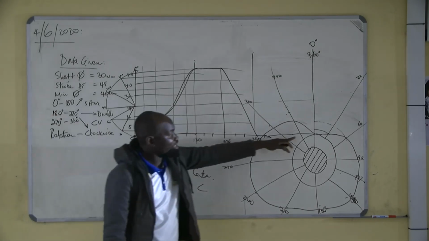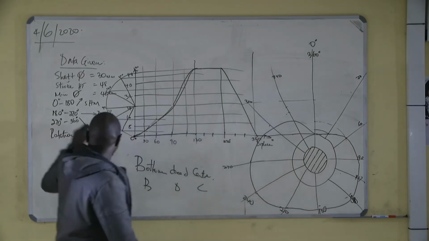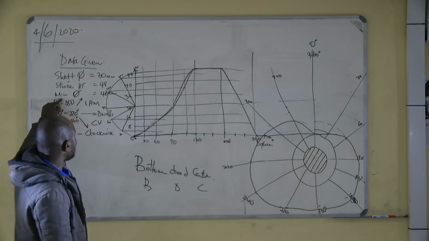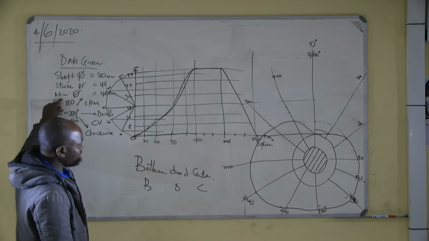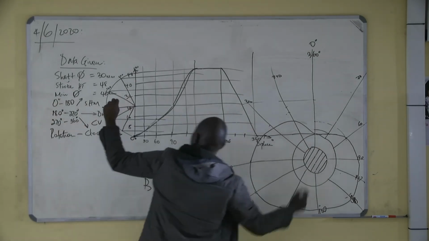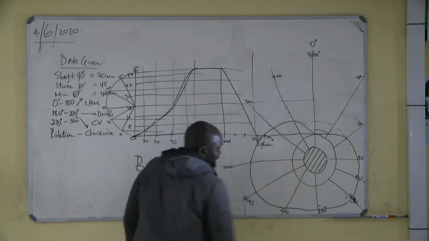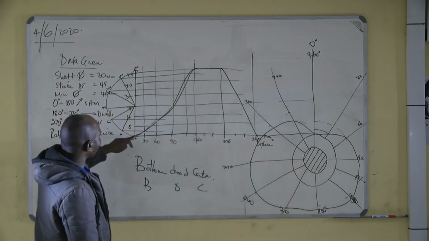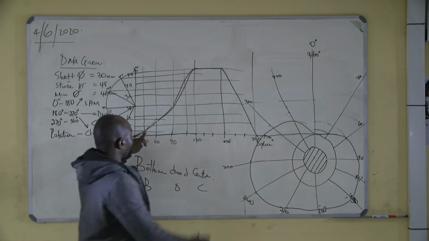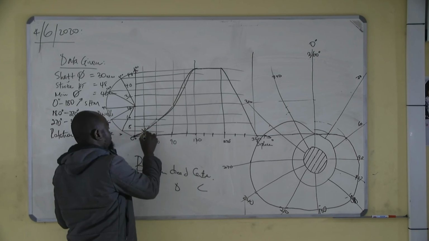BDC. That is the lowest. If it was your piston, that is the lowest it will go. Okay? So that's where you have your minimum. So that's your minimum diameter. Minimum diameter, that one, we measured it.